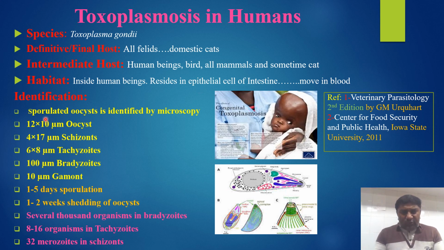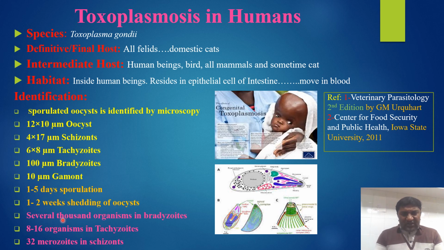The sporulated oocyst is identified by microscopy. The oocyst size is 10 to 12 micrometers, the Chazon size is 4 to 17 micrometers, the tachyzoite size is 6 to 8 micrometers, the bradyzoite size is 100 micrometers, and the gamete size is 10 micrometers. Sporulation of the oocyst takes place in 1 to 5 days, and shedding of the oocyst needs 1 to 2 weeks.